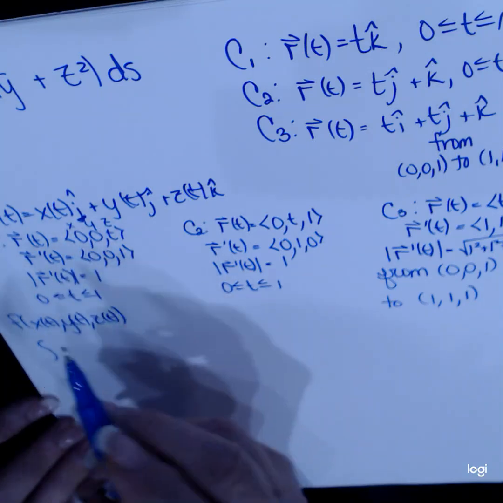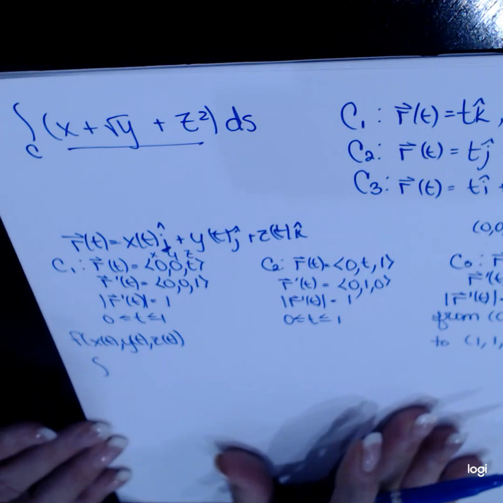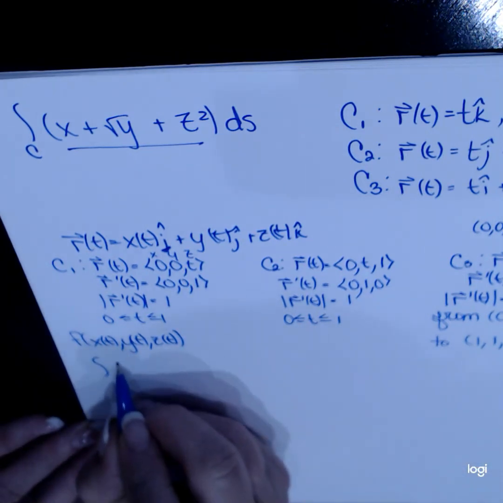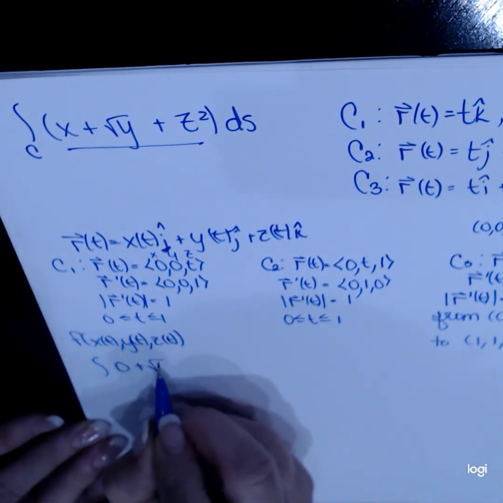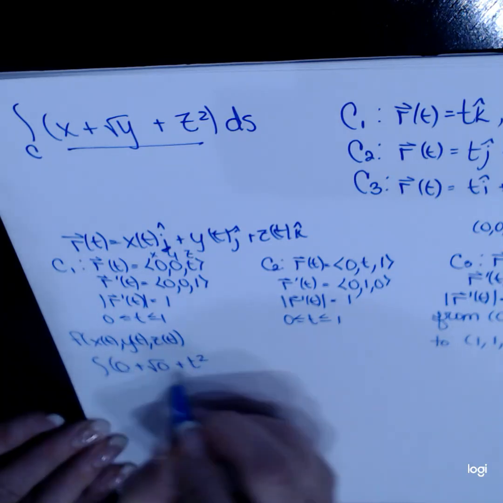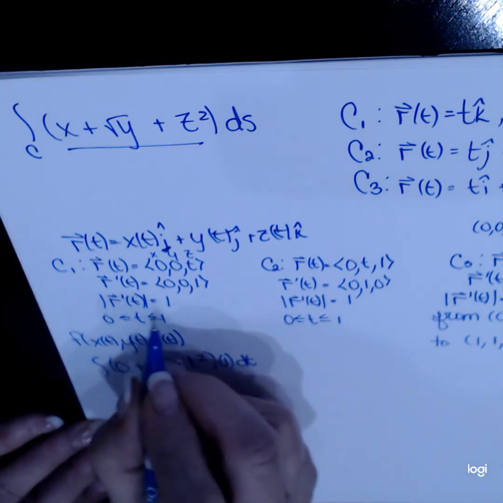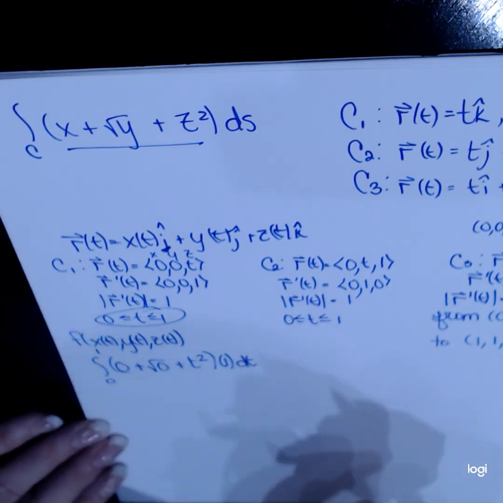So we have x, our function is x plus square root of y plus z squared. So that's going to be 0 plus the square root of 0 plus z, which is t, quantity squared, times the magnitude of 1 with respect to t, and our bounds were given from 0 to 1.